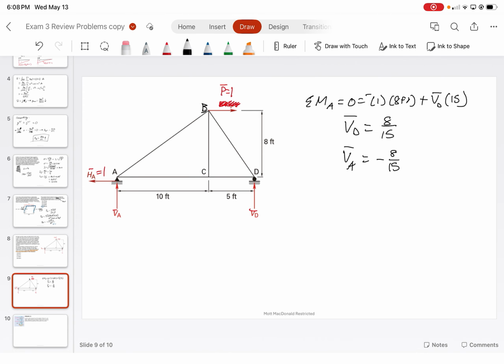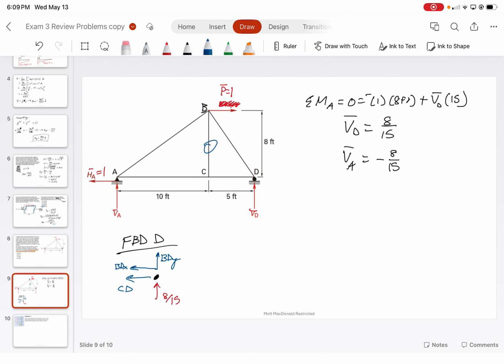From here, we look at method of joints, or method of sections, preferably method of joints. Right off the bat, BC is a zero force member, just from this loading. Let's look at joint D. I want to do the free body diagram at D, because that seems easy enough. We know that the vertical force at D is going to be 8 over 15. Then we are going to have CD going to the left. We're going to have BDX going to the left and BDY going up.